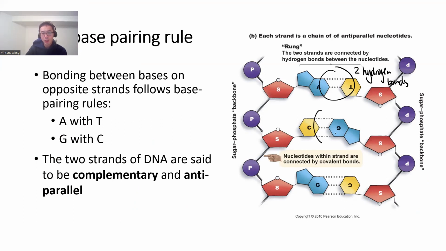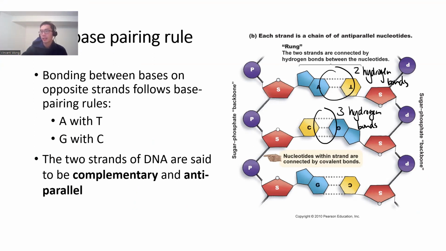But between C and G, there are 3 hydrogen bonds. What that means is if you have a DNA strand and there are a lot of G's and C's in it, it's much harder for you to pull them apart.